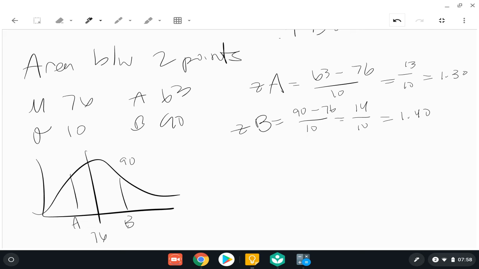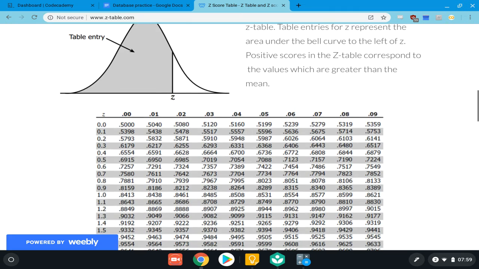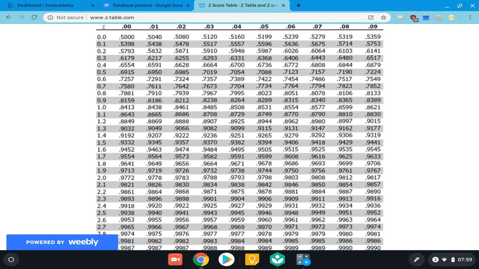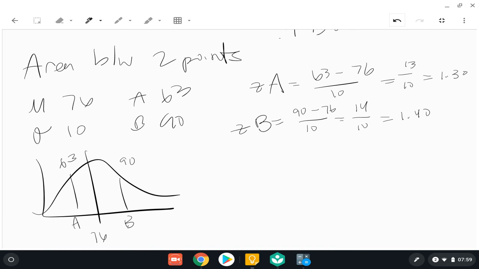So 63. The z-score of this proportion, oh wait, I need to get the value. I have 1.4. So the area under 1.40 is 0.9192.